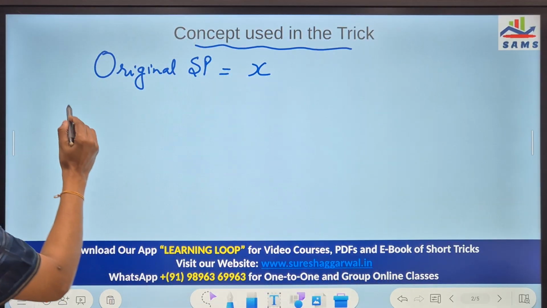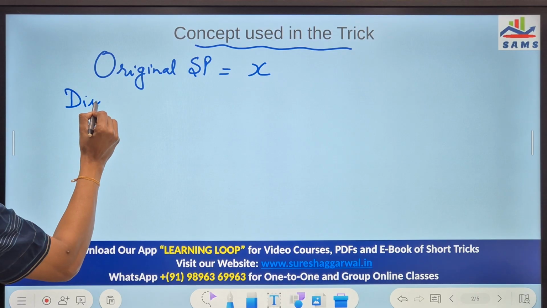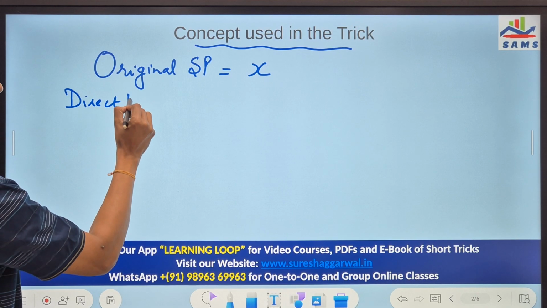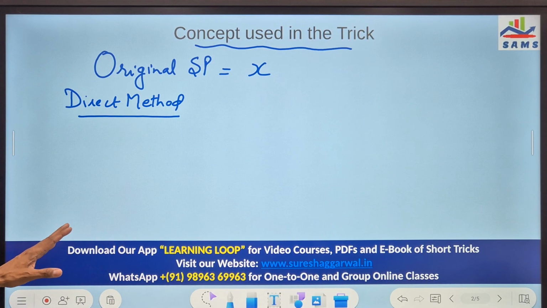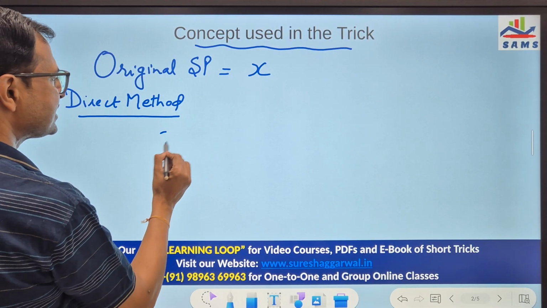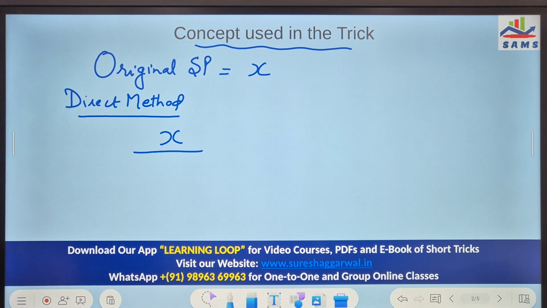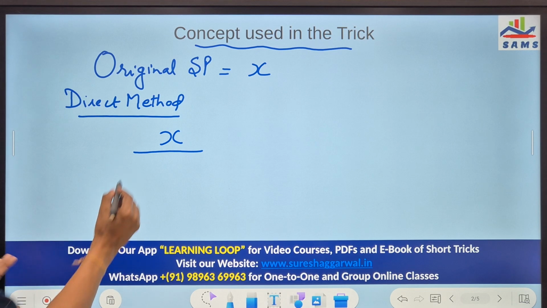So the trick or the direct short method is this. The first thing we are going to do is to take X, that is the original selling price, divide it by 100.